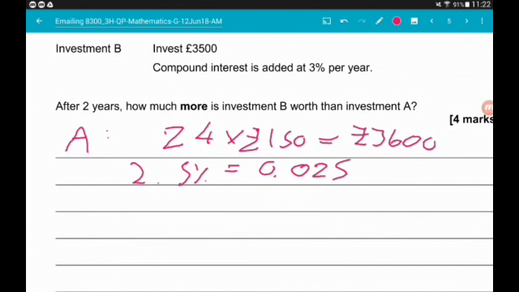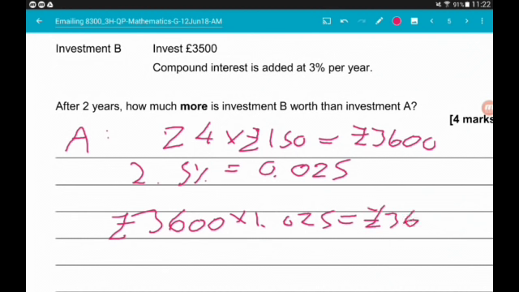So we're going to do £3,600 times 1.025, which increases it by 2.5%, and we are going to get £3,690.